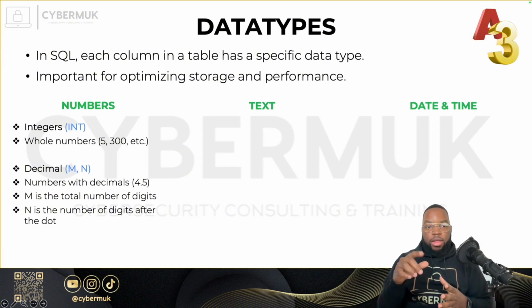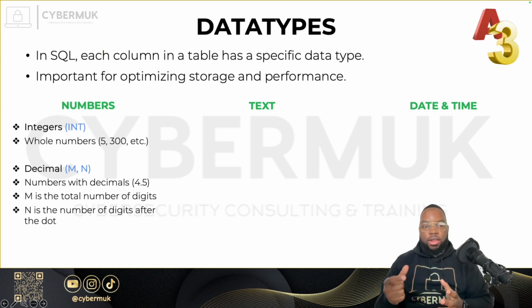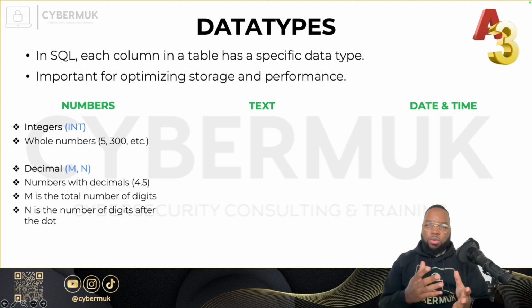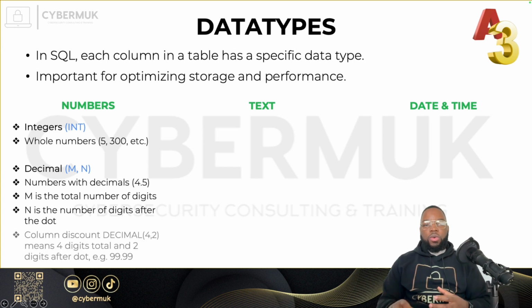Now, M and N stand for something there. M is the total number of digits that you can give to the number, like before and after the decimal. And N is the number of digits after the decimal. So obviously, N as in Nancy should be less than M as in Monday. So that's a decimal, and we are going to create a few, so you will see how that works.